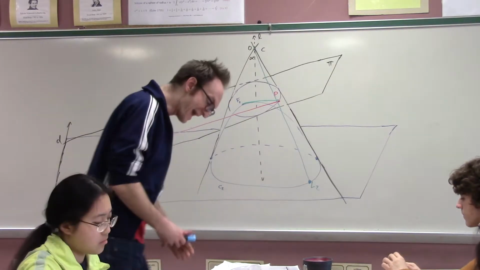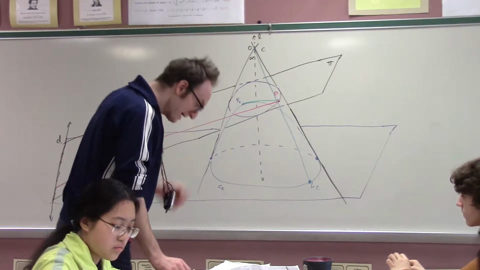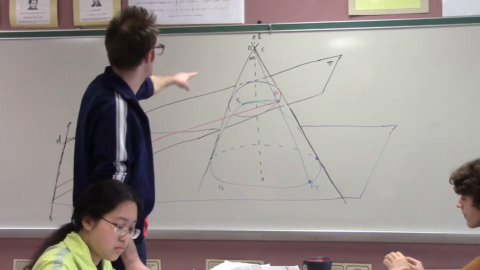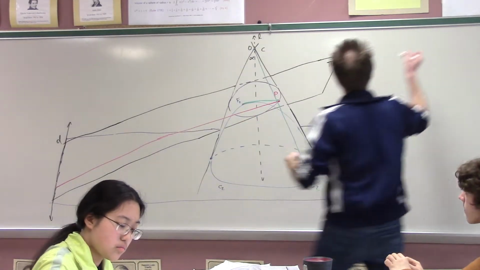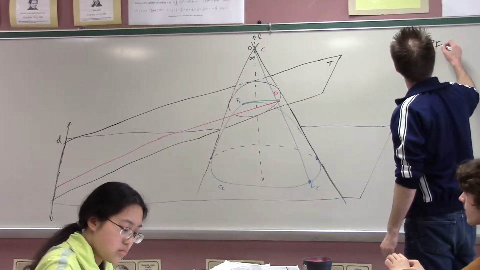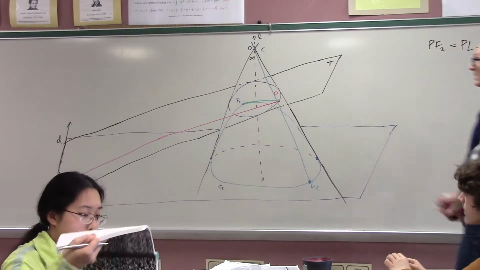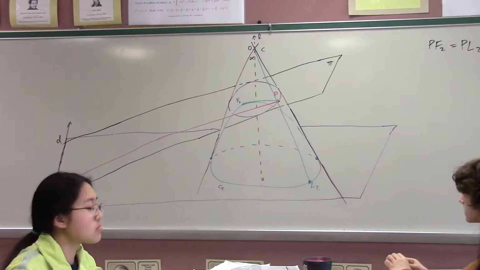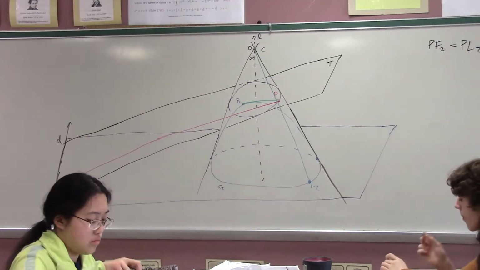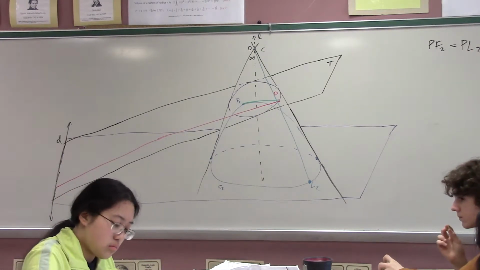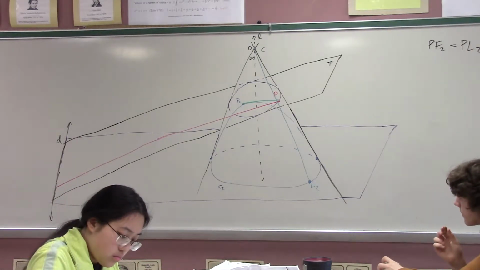Yeah. Okay, now, note that PF2 equals PL2. Yeah. Because P is an external point, PF2 is tangent to the sphere, PL2 is tangent to the sphere along the outside of the cone.